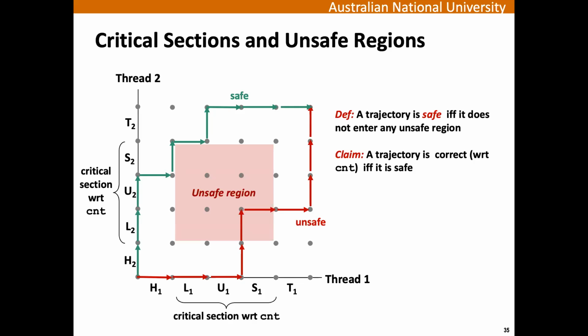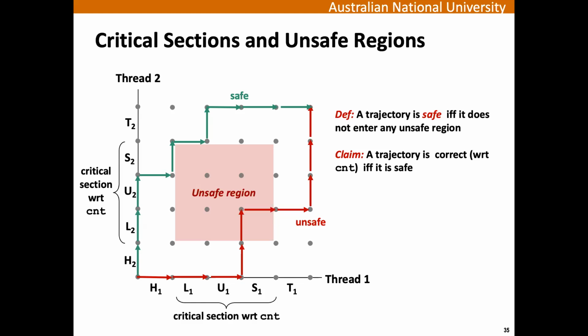If we map the instructions, including the critical section of each thread, on this two-dimensional graph, we get this intersection of the critical sections of two threads which forms an unsafe region.